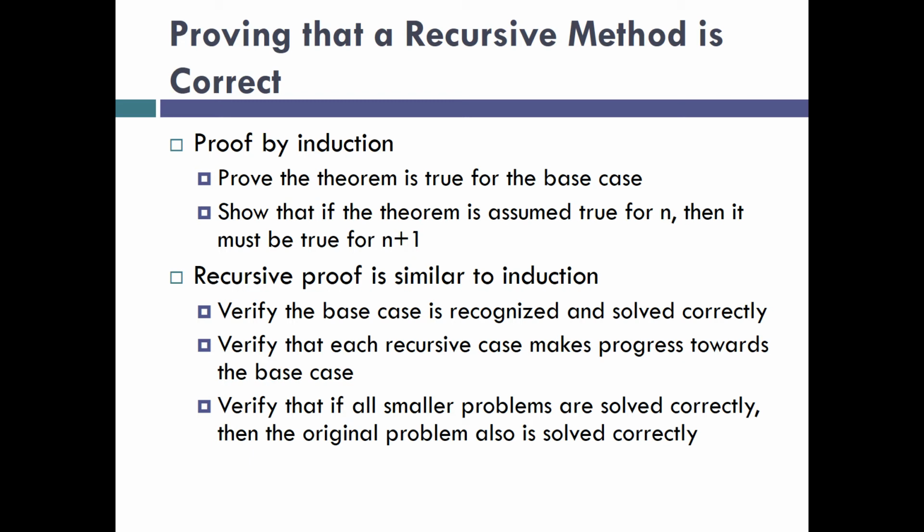Then what you do for induction is that you show that if we can assume that it's true for some n, then it must be true for n + 1. So in other words, we'll swap out the numbers and assume that since it works for k, for some number k, and if you're having trouble thinking in terms of k, well, since it's true for 1, we're going to show that if it's true for 1, it must be true for 2. If it's true for 2, it must be true for 3.